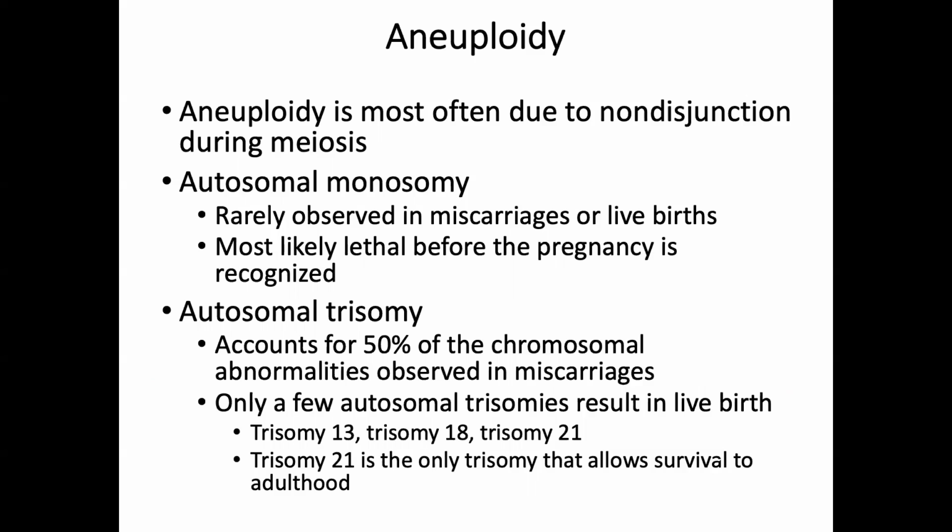On the other hand, autosomal trisomy accounts for half of the chromosomal abnormalities observed in miscarriages, but a few autosomal trisomies can survive and result in live birth. Several autosomal trisomies are often seen: trisomy 13, trisomy 18, and trisomy 21. Trisomy 21 is also known as Down syndrome. It is the only trisomy that allows survival to adulthood.